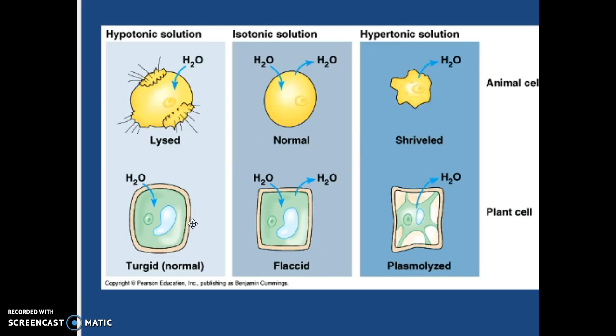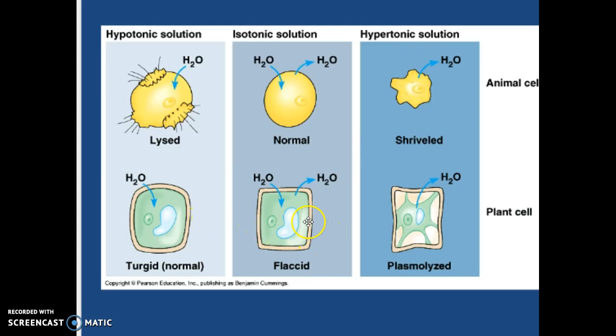We call this turgid, but a normal plant cell prefers to be in a hypotonic solution. There are, of course, exceptions like saltwater plants, but for the most part, plants prefer as pure water as you can get. Right?